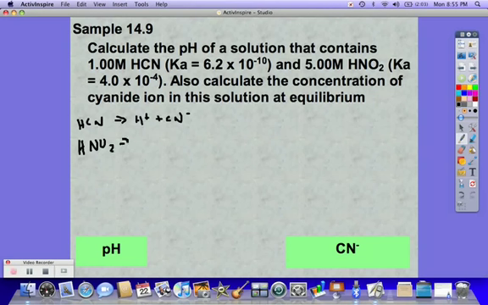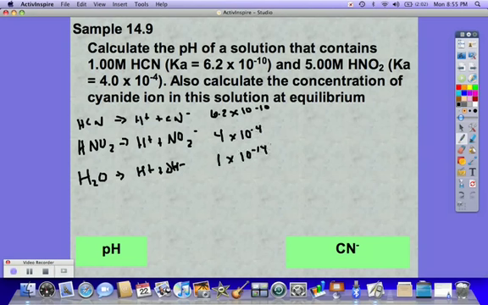So I'm going to write my dissociation equations for each of them. So all three are contributing hydrogen, but only one is going to contribute it enough to affect the pH. The others are going to be so small that it's not going to matter very much.